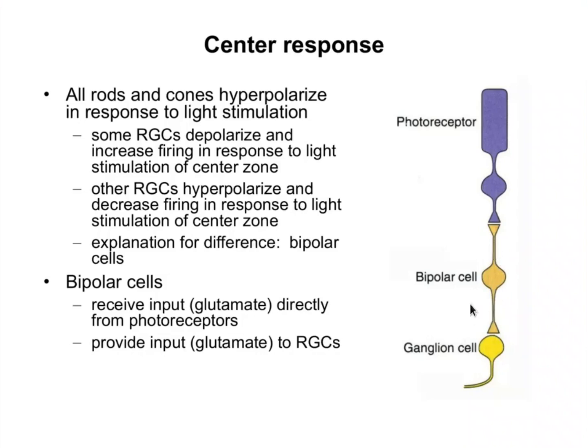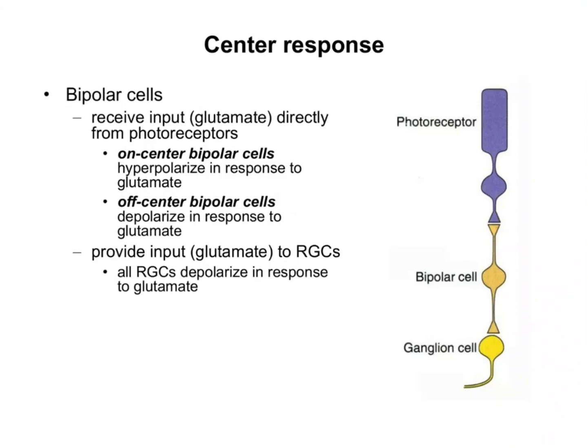But the synapses between all bipolar cells and all ganglion cells involves glutamate, and glutamate always has an excitatory effect on retinal ganglion cells. So let's take a closer look at how bipolar cells respond to glutamate and to light stimulation of their presynaptic photoreceptors.